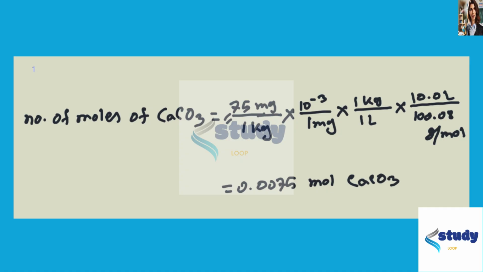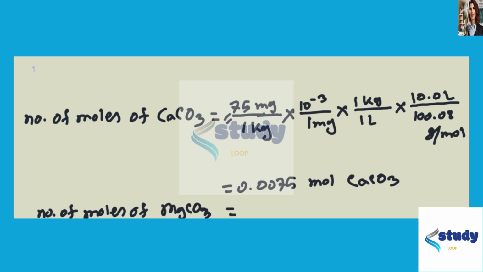In the same way, we can find the number of moles of magnesium carbonate. If we follow the same rule, we have here 55 ppm magnesium carbonate.